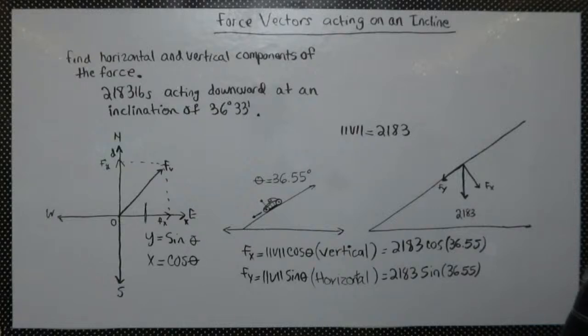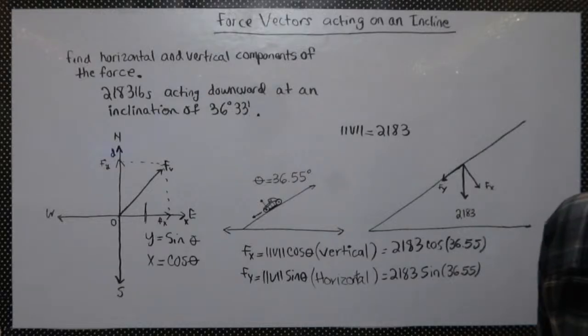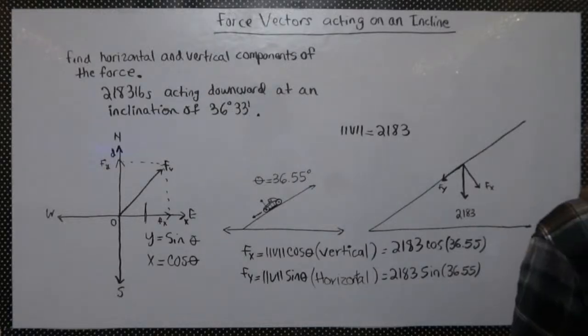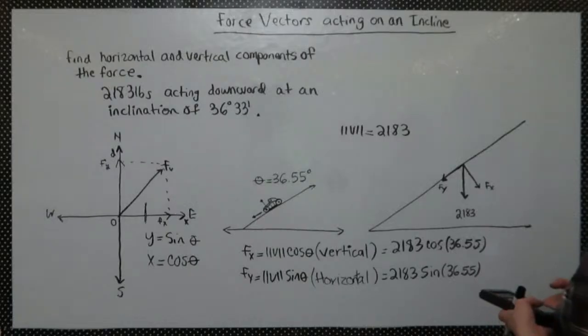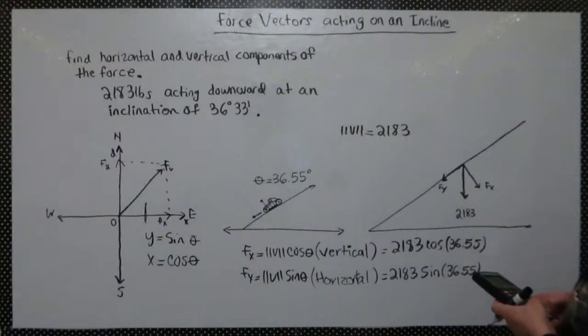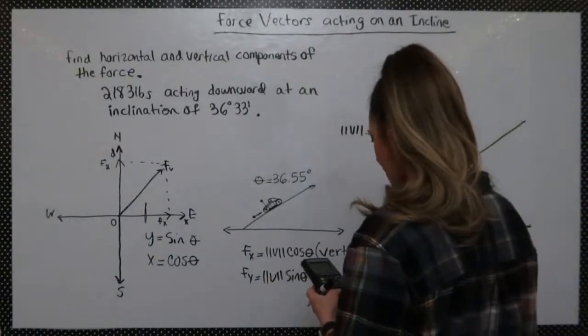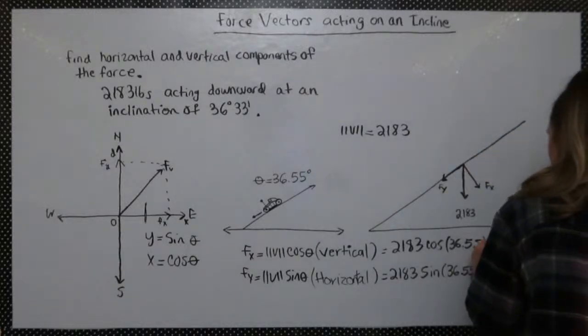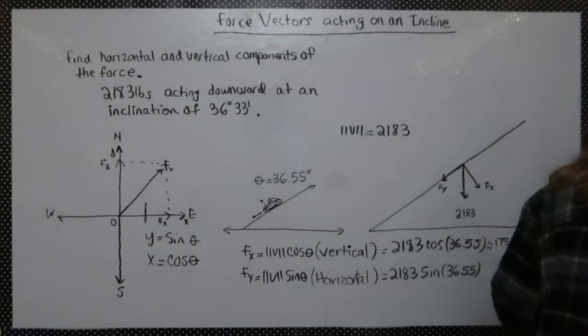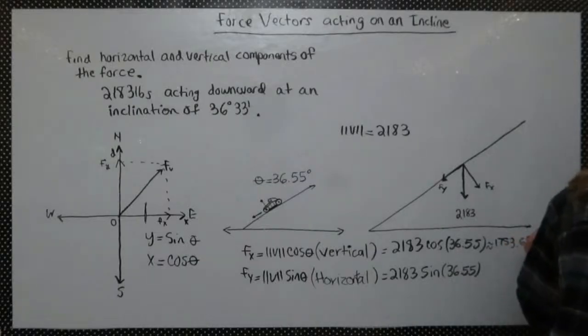And let's see what's going on here. Let's go ahead and plug into our calculator and see what we got. Then I'm probably going to plug it into the computer to make sure I got the right answer. 2,183 cosine 36.55, I got 1753.685705.